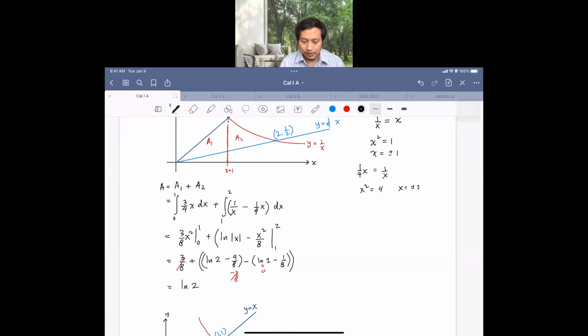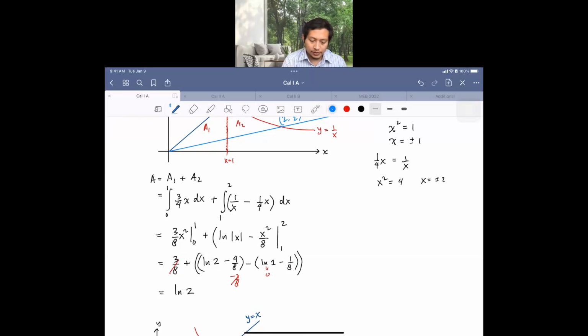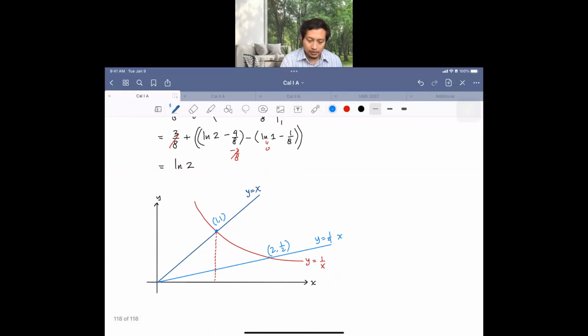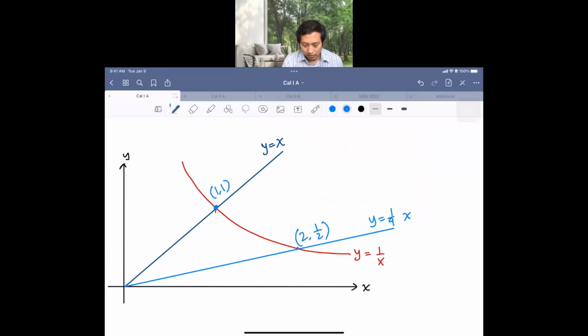Okay, so this is the first method. If we observe another way, let me write it from here. Another way we can look at this area: we have A1, A2.